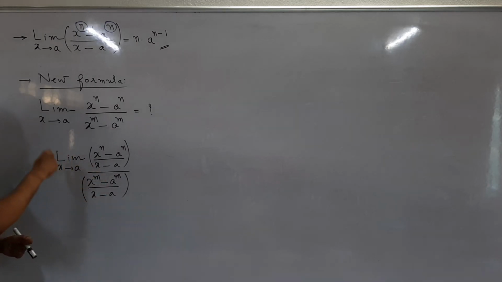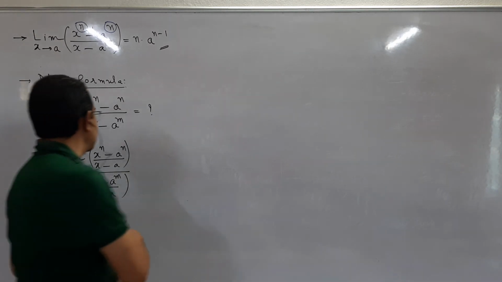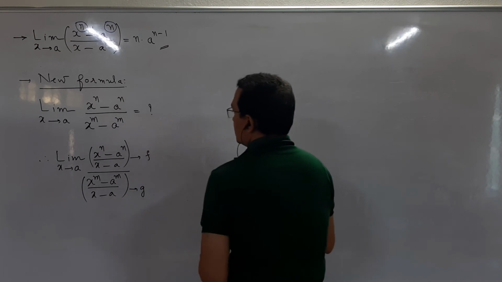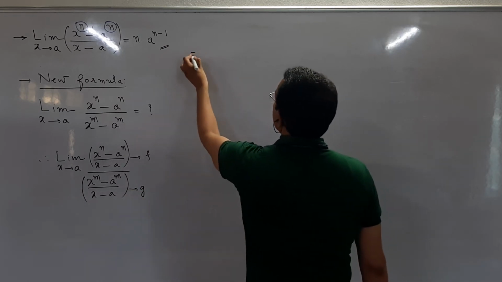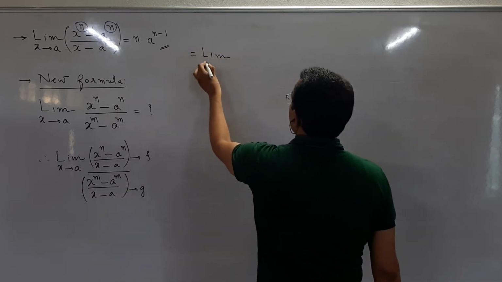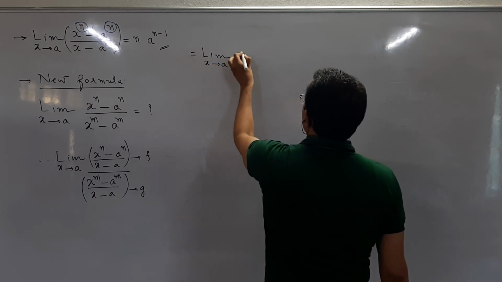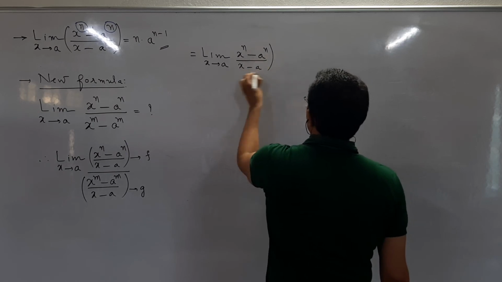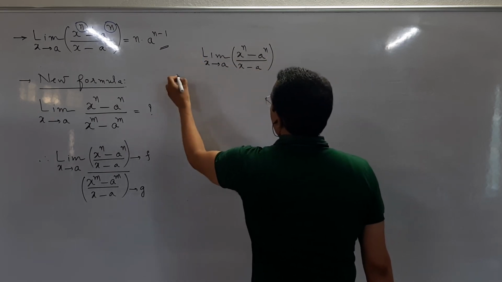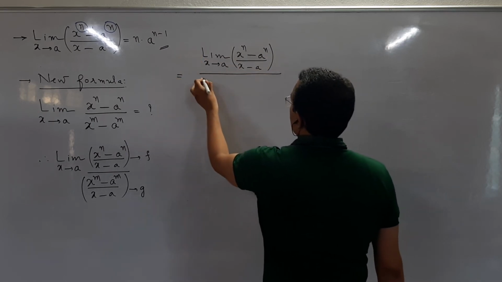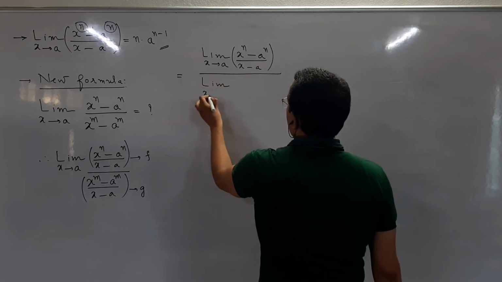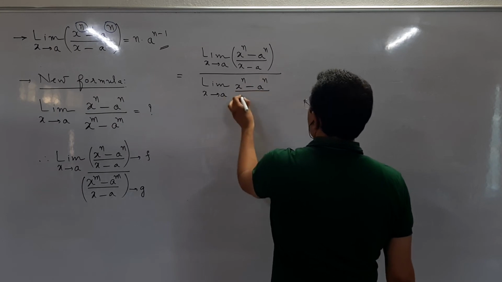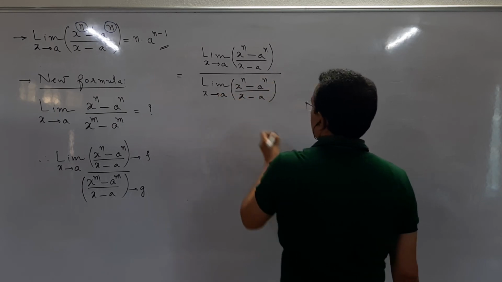So again I am telling you, the derivation is not important. Now apply the division working rule. This is f and this is g. So this becomes limit x tends to a, x raised to n minus a raised to n upon x minus a, divided by limit x tends to a, x raised to n minus a raised to n upon x minus a.